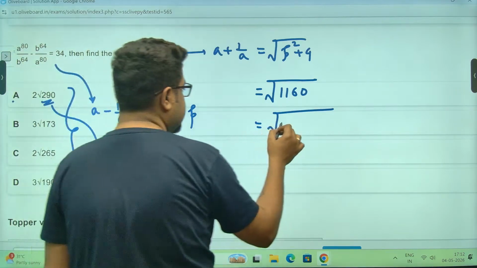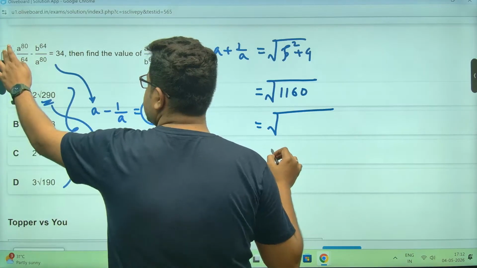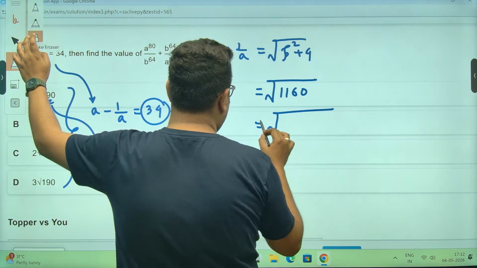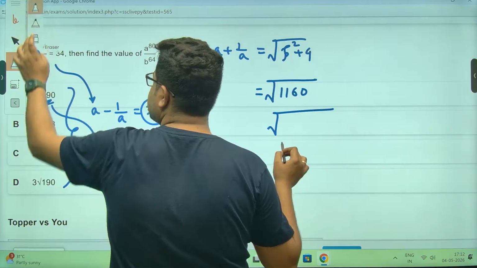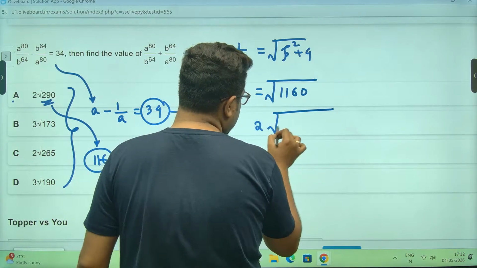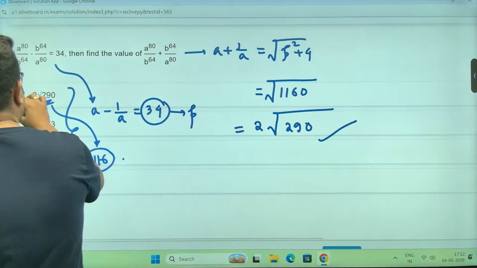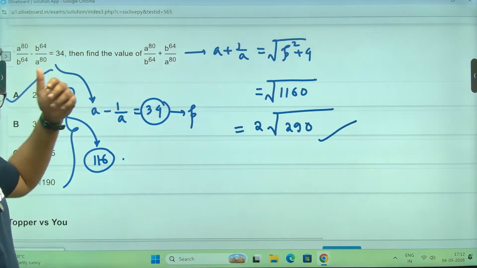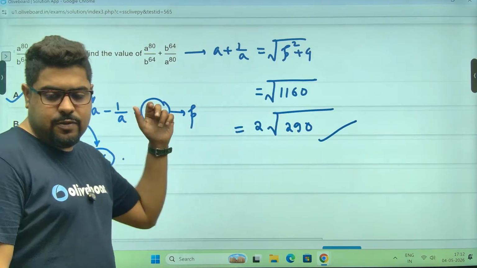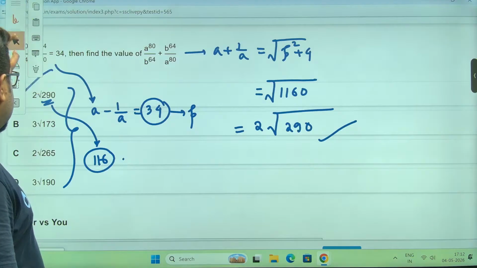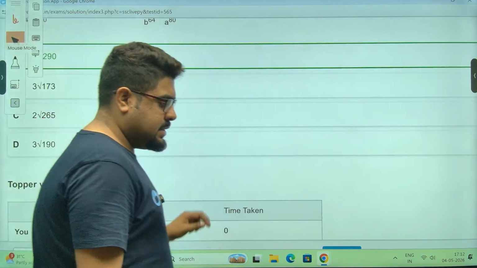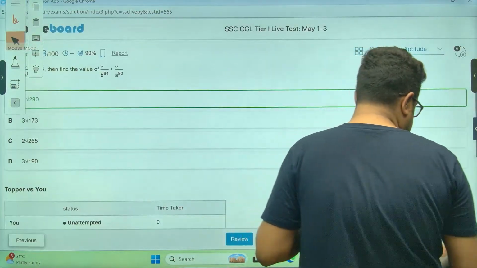Yes, sir, this is the answer. Option number 1 is your correct answer: 2 root 290. Just take a 4 out, sir. 290 by 4. Okay. Clear, everyone? That's your answer, sir. Again, very simple.